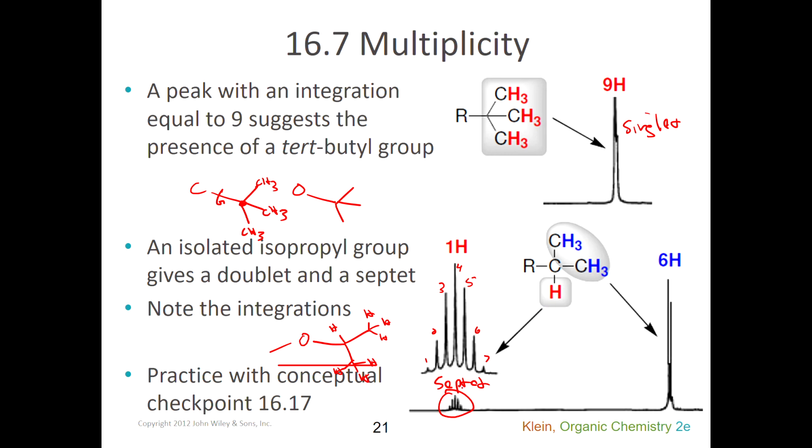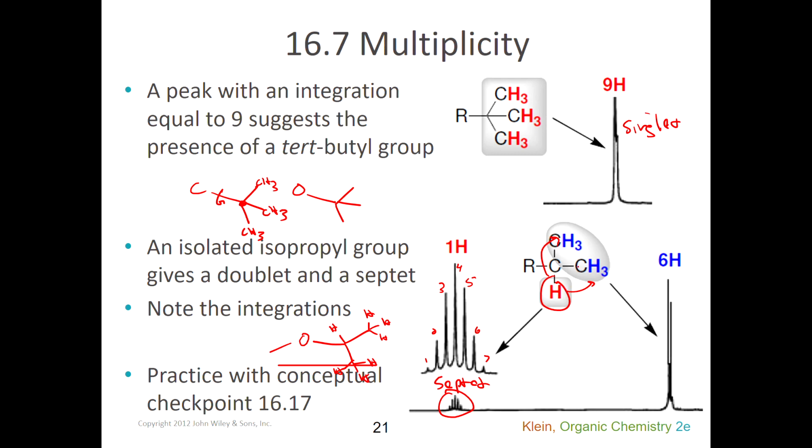Its integration would be 1 in relation to the integration of this doublet that has the same distance between the peaks and the same coupling constant because they're splitting one another. So these 6 hydrogens are only split by 1. It's splitting them into a doublet, and that's why I see the slight distance between those peaks giving me a doublet with the same coupling constant that the septet had. And so that means they're splitting one another.